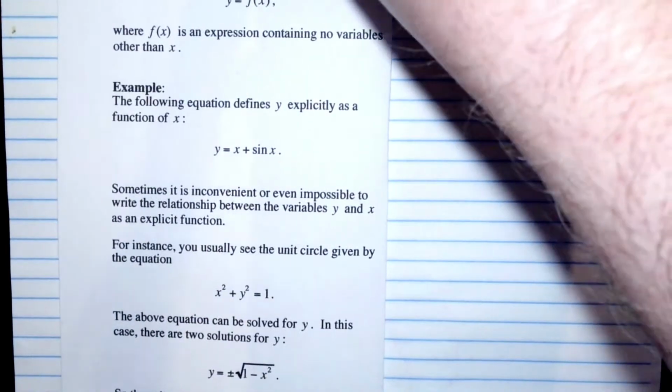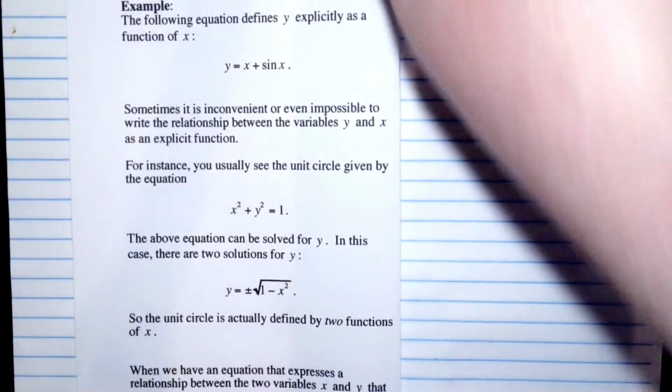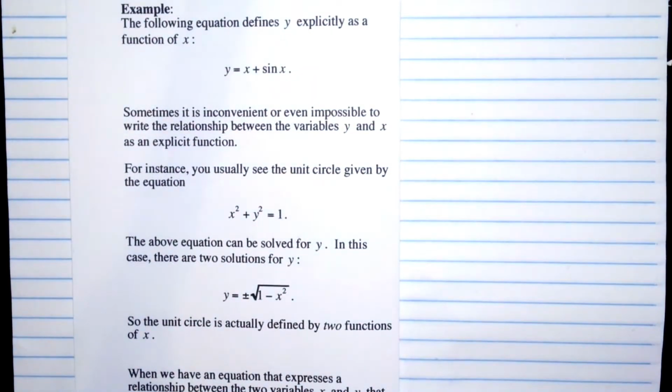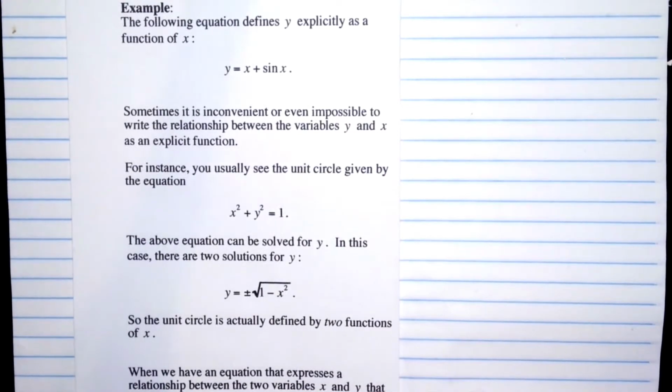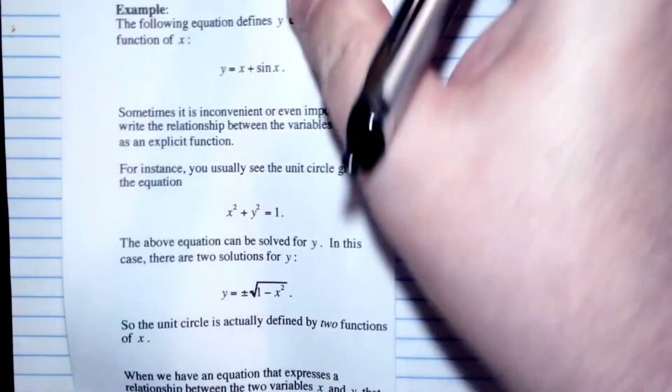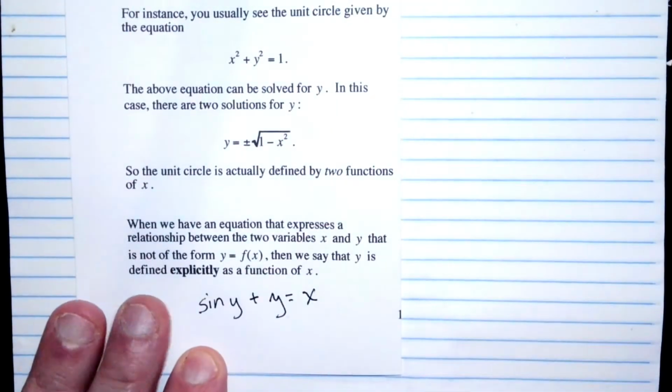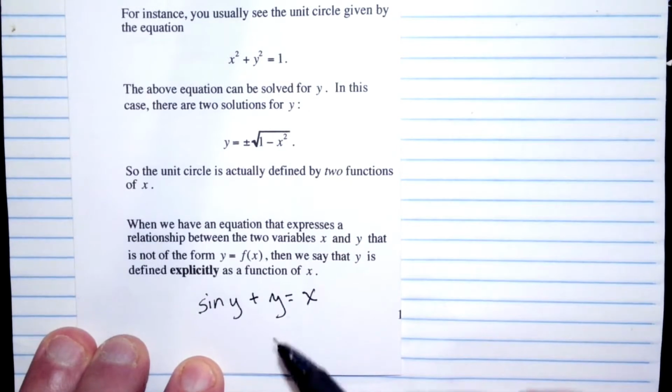But sometimes you have equations that are either difficult or really impossible to solve for y. If you had something like, say, sine of y plus y equals x, off the top of my head, I don't know how you'd solve that, so that you'd have y on one side by itself, and on the other side of the equation only a function of x.